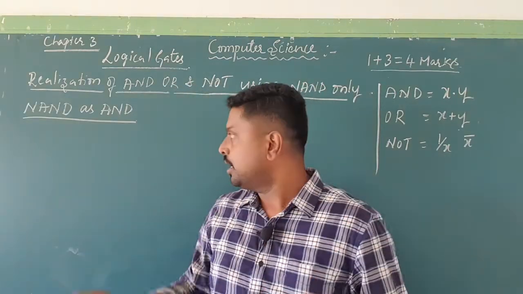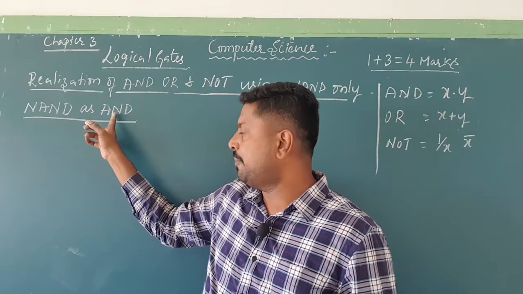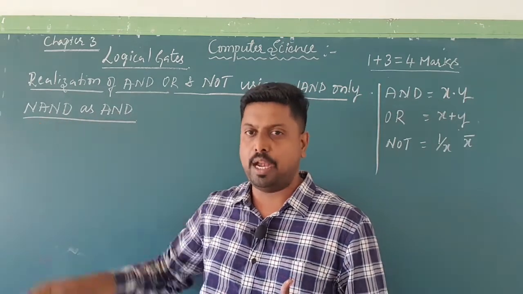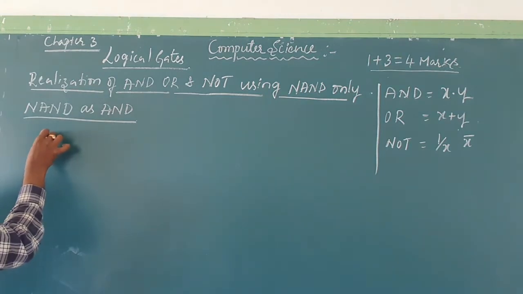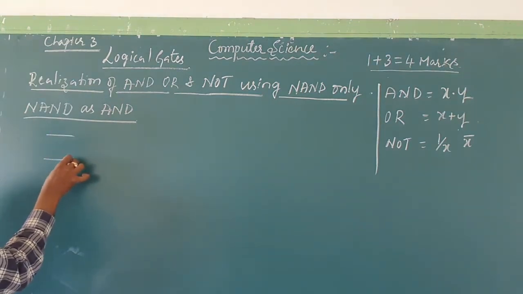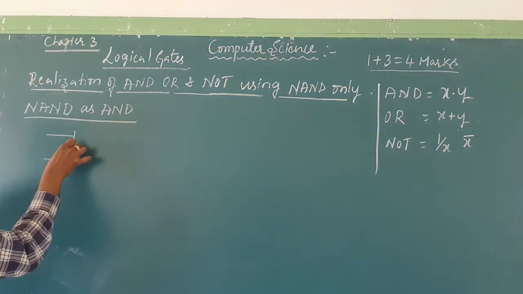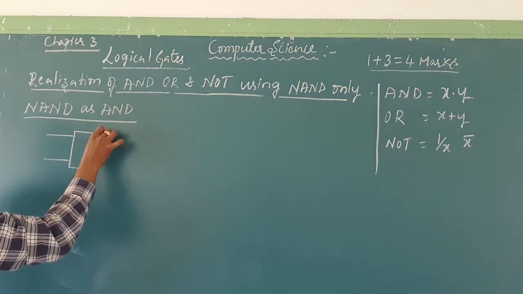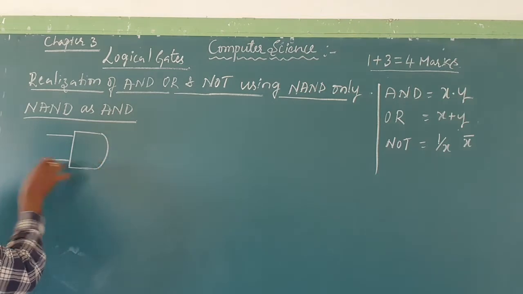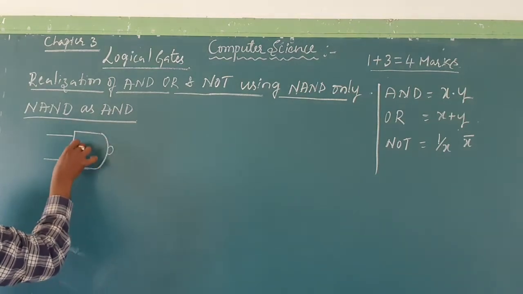So how do we write the AND operation with the help of NAND only? This is the realization. I am considering 2 inputs for one NAND gate. See, now I am writing one NAND gate.